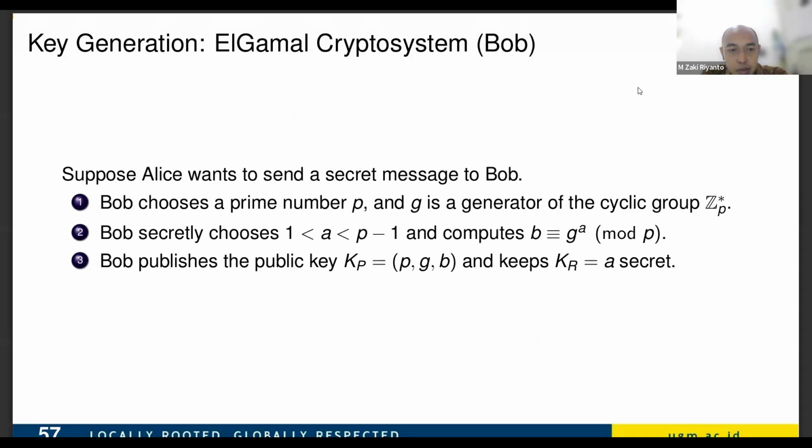Here, Bob chooses a big prime number P, and g as a primitive root modulo P. Then Bob chooses an integer a and computes B equal to g to the power of a modulo P. Then Bob publishes the public key, that is the three values P, g, and B, and keeps a secret. So a is the private key.